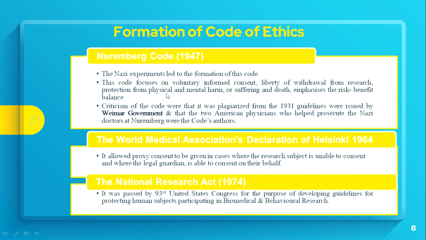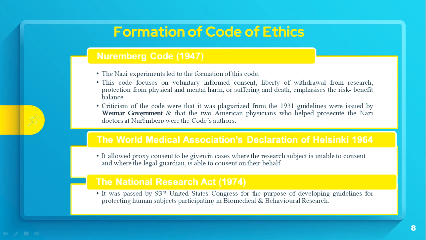But even after having this positive aspect, the code was criticized because it was found out that it was actually plagiarized from the 1931 guidelines given by the Weimar government. This Weimar government was in Germany before Adolf Hitler's Nazi government came into power.